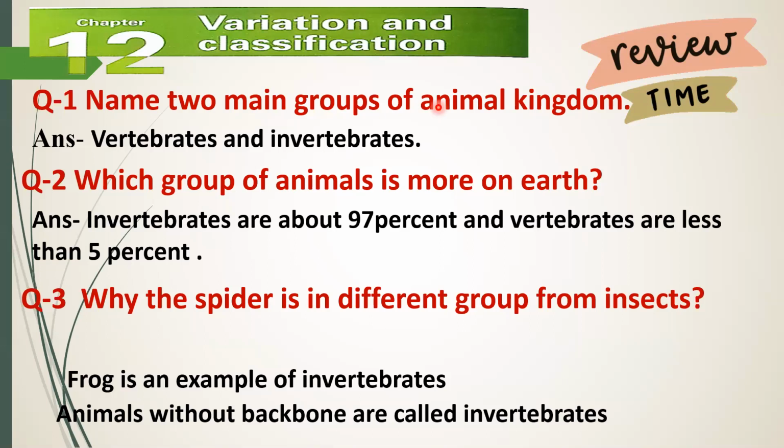Yes, very good. The spider has 8 legs, so that's why it is put in a different group from insects. The insects have 6 legs, but the spider has 8 legs, so that's why it is put in a different group.